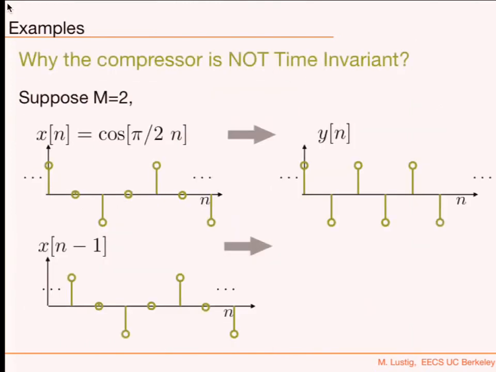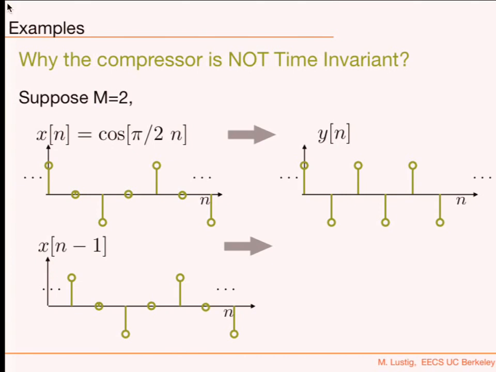Why is the compressor not time invariant? You said no, but it's kind of pretty obvious. Let's say you have this particular sequence. When we compress this one, basically we throw away every odd sample, so we get a sequence like this. We're going to look at the compressor later when we do multi-rate signal processing, so downsampling and upsampling operations; we're going to use compressor operations.